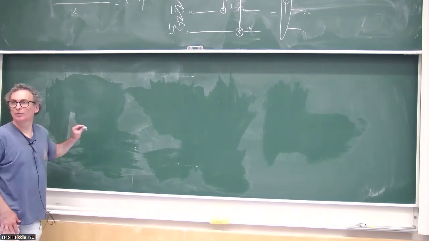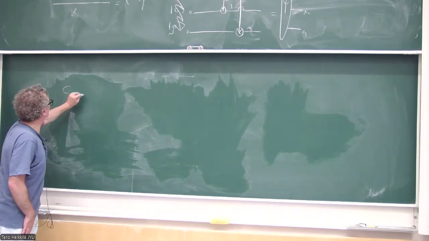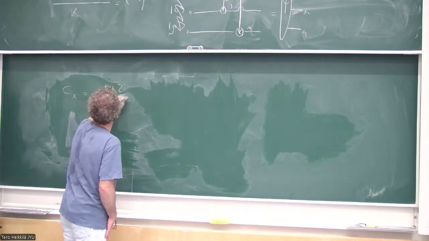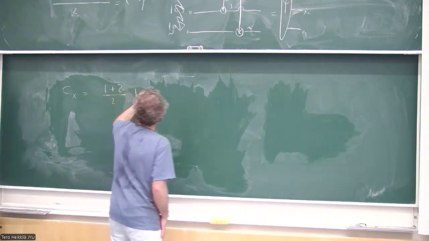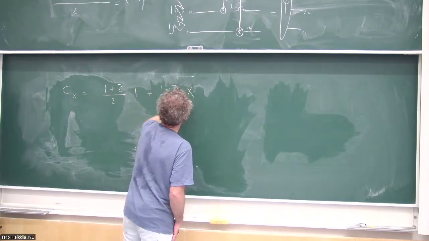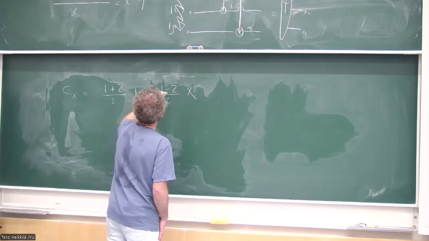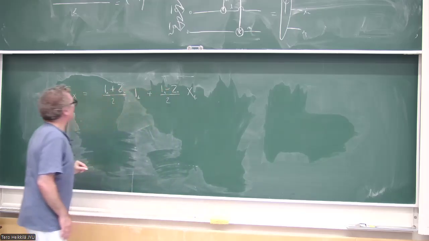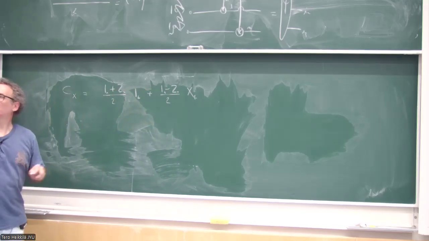So the last comment I wanted to make is about control X, but it's a very trivial comment. When you explain control X like that, it looks like it does nothing on the first qubit.